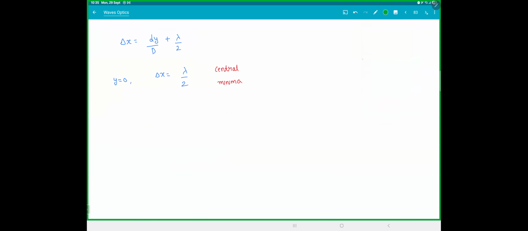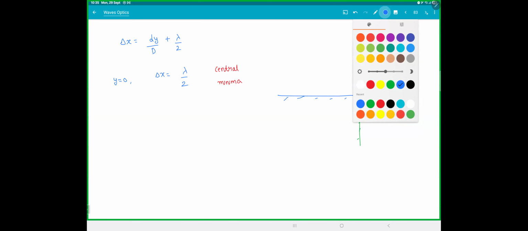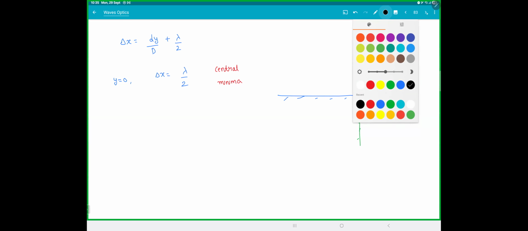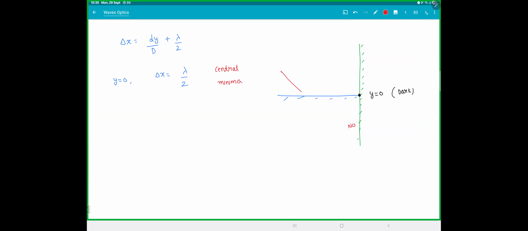If you look at that screen, this position here is actually a dark spot. And there is no interference below this. There are no light rays, no? All light rays are going up only. So below y is equal to 0, there is no interference.